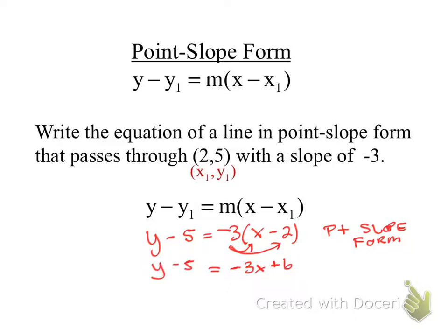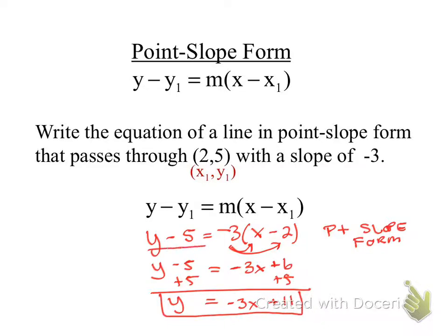And now I can get my y alone, add 5, and y equals negative 3x plus 11. Am I in slope-intercept form now? Yes. So this is really the same equation. It's another way to write it.